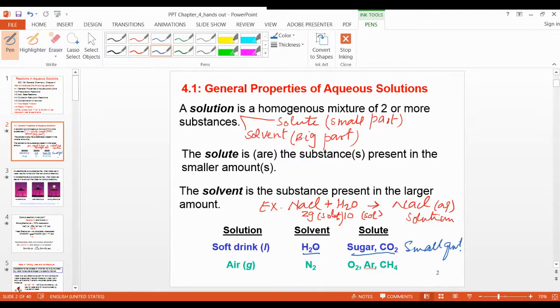And similarly, another example, air. Air is what? A mixture of gases. So you should know what gas is in excess and what gas is in small form, meaning small quantity. So you know the percentage. Which gas is higher in percentage in this air mixture? Nitrogen.